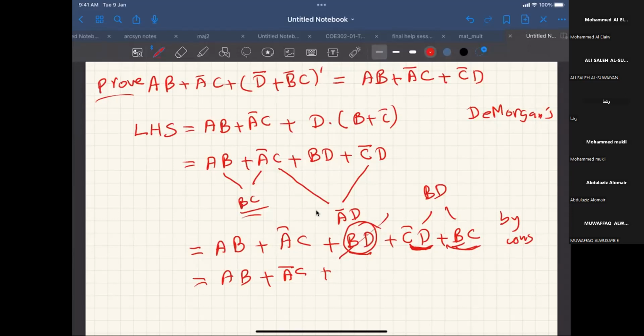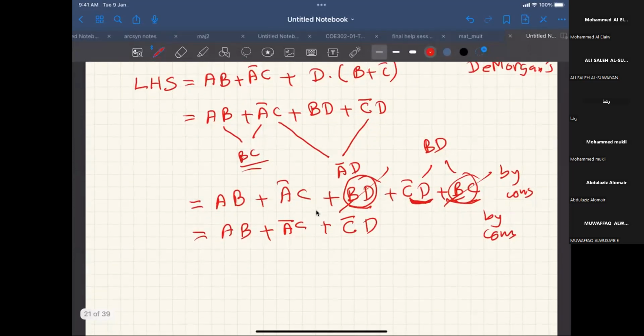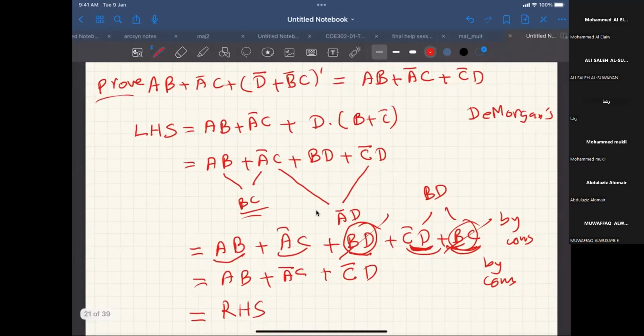So we can drop it, and then again, BC is the consensus of AB and A complement C, so we can also drop it. So we are left with C complement D, by consensus again. Consensus is taken between this and this, and between this and this. And this equals the right-hand side, right? So this is the end of the proof.